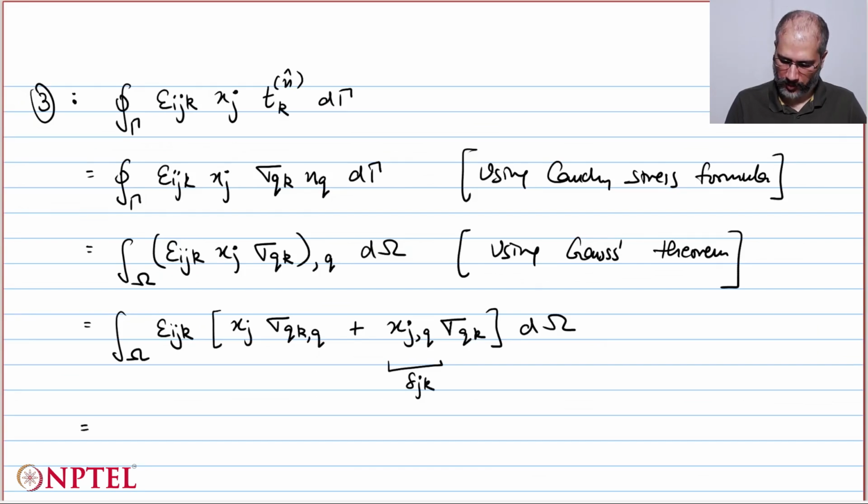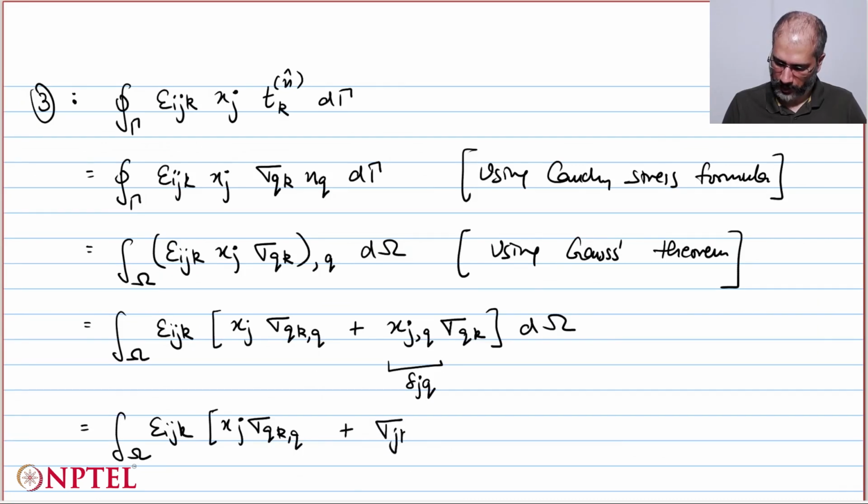So this further simplifies to sigma jk d omega.